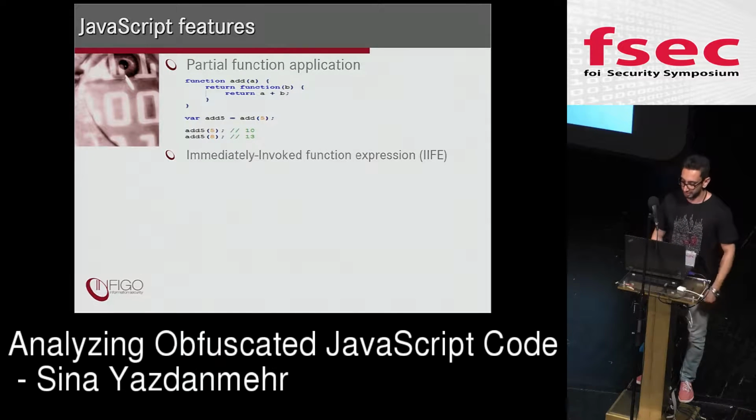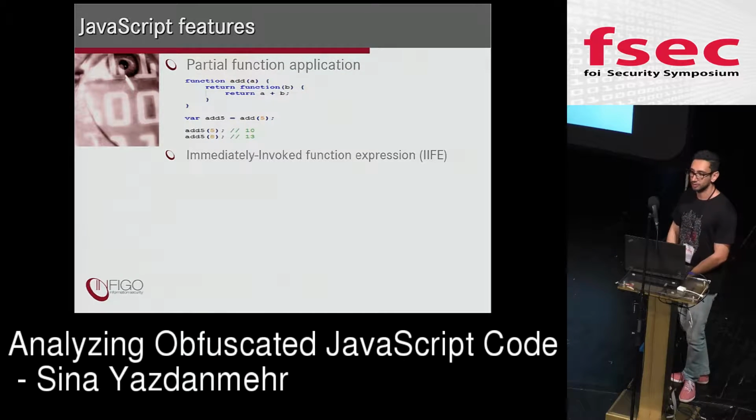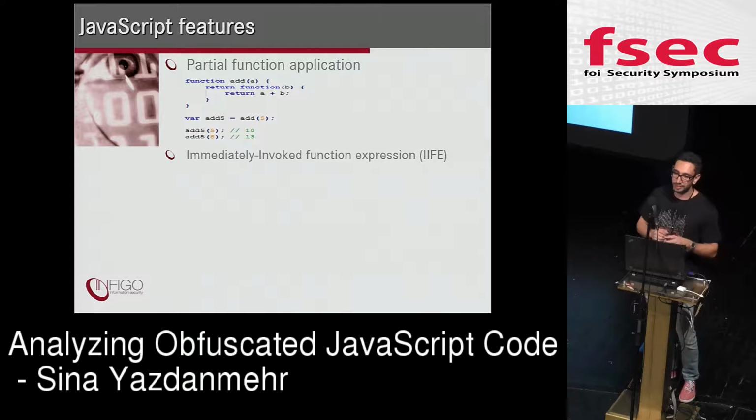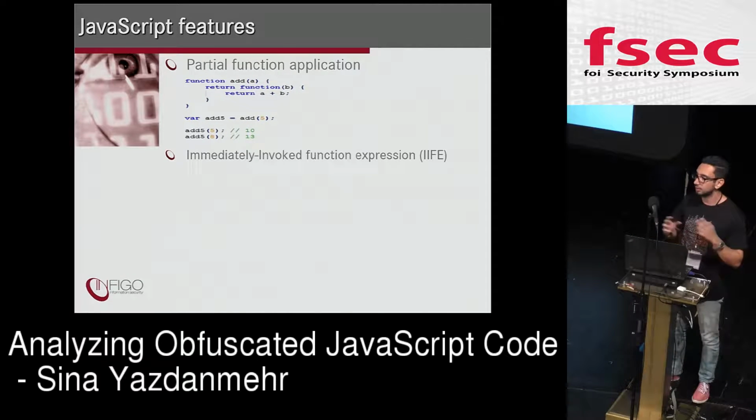Immediately invoked function expression, or self-executing anonymous function, is a particular feature of JavaScript. This feature provides a lexical scope beside the global scope of the application to the developer. Maybe the developer needs a different scope for his variables and functions during runtime.